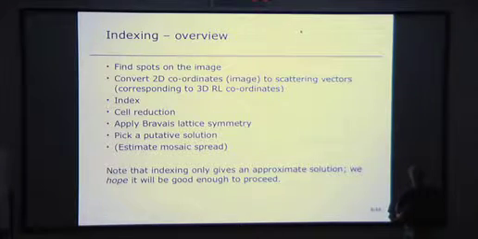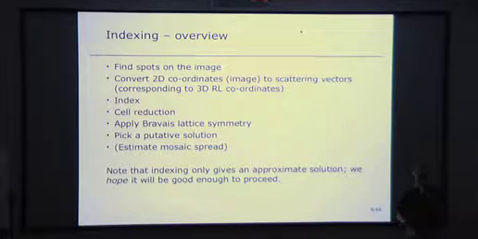Cell reduction is merely the process of trying to find the appropriate triclinic cell that has angles as close to orthogonal as possible with as small cell edges that account for the spots on the image. Then we apply Bravais lattice symmetry in any of the indexing programs, and that's when you get an idea of whether you've got higher symmetry than triclinic.